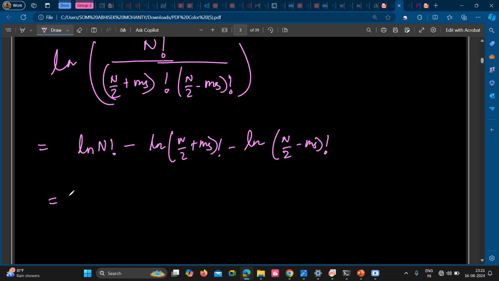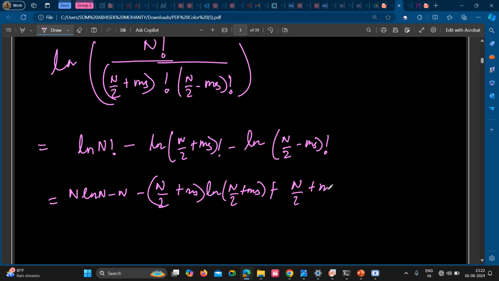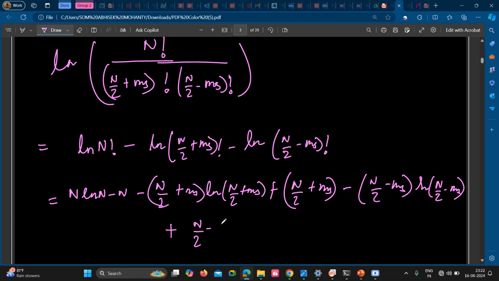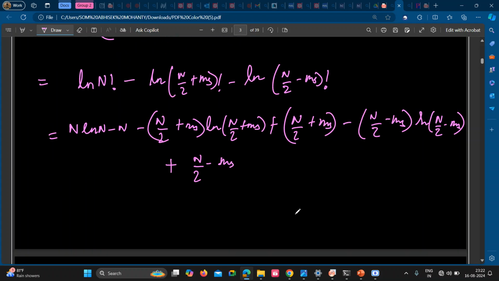So this is n ln n minus n, using the Stirling formula, minus (n by 2 plus ms) ln (n by 2 plus ms) plus (n by 2 plus ms), minus (n by 2 minus ms) ln (n by 2 minus ms) plus (n by 2 minus ms). The ms terms cancel out.